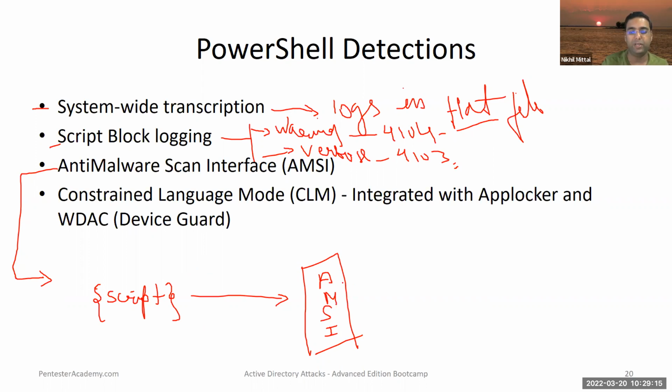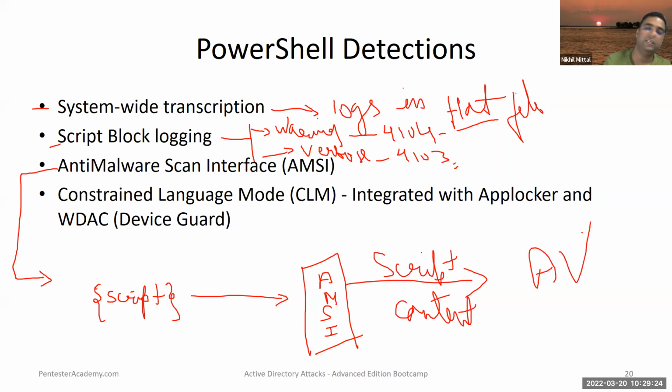AMSI picks up the script content and passes it on to the registered AV. Now, if the registered AV supports AMSI, for example, Windows Defender and a lot of AVs do, it will check if there is any signature-based detection for that script block. So think of it as the wingman of an antivirus: hey, buddy, do you have a signature-based detection for this guy? That is how AMSI works.